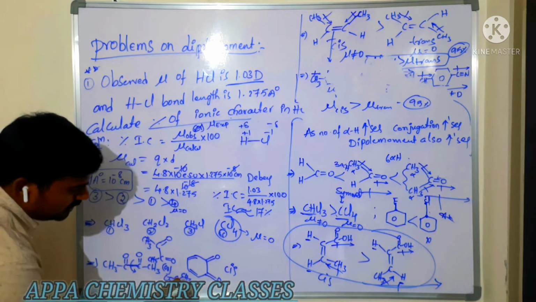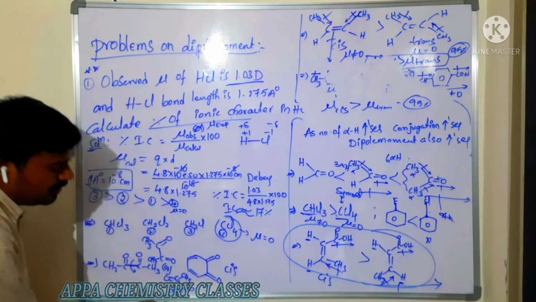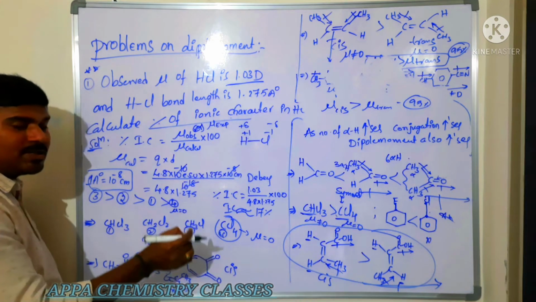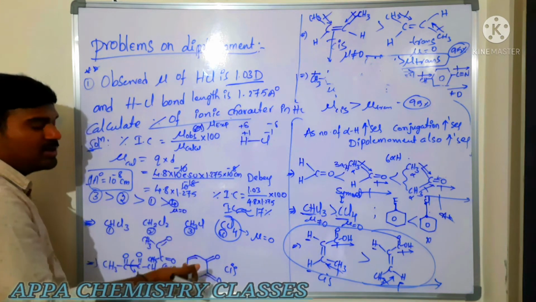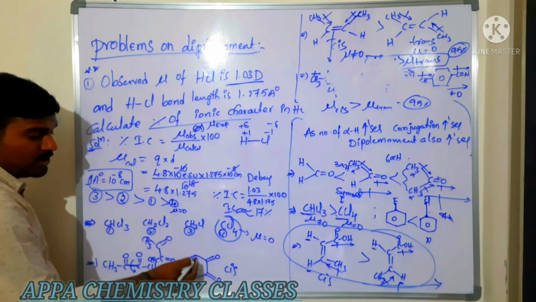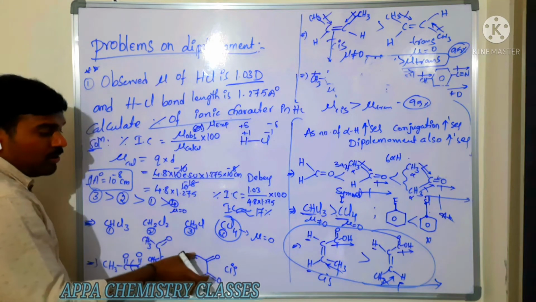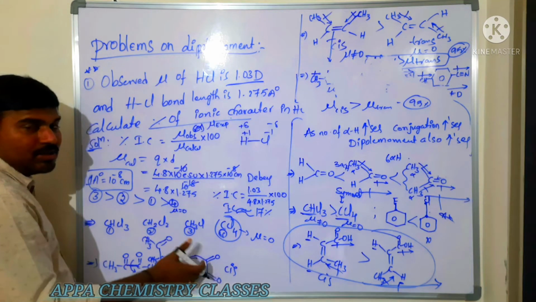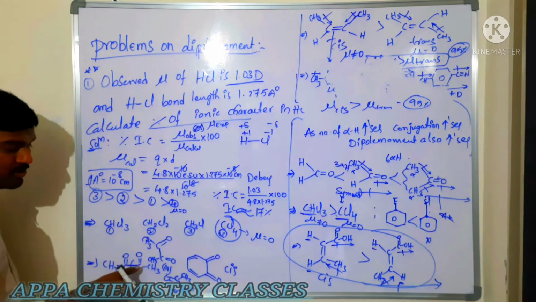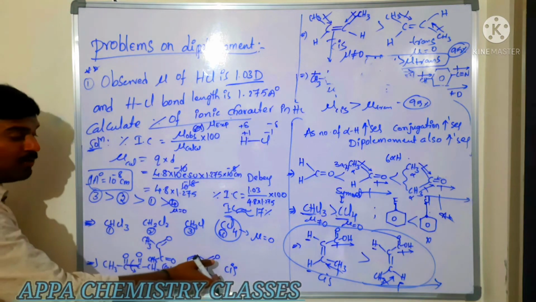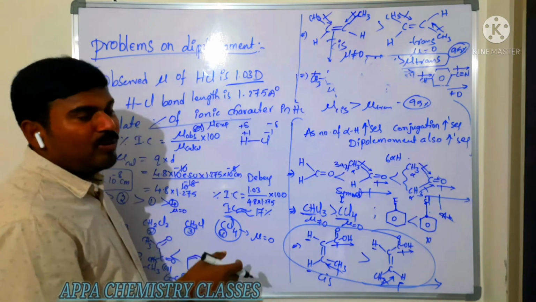There is a possibility. Is that right or not? Whereas in this case, it is always a cis, because cyclic compounds are restricted. The bonds are restricted. So there is no rotation, and also here sp2 carbons and pi bonds are there. So it is not possible to convert into trans. Whereas there it is possible to convert into trans, here it is always cis. So a cis compound always has more dipole moment than trans.